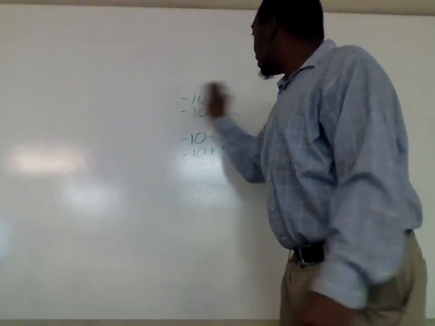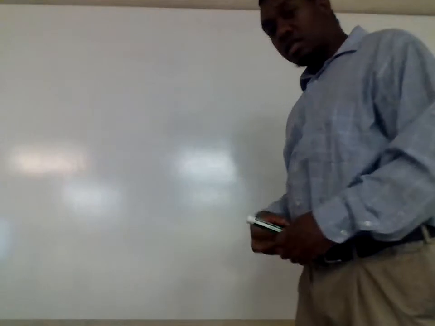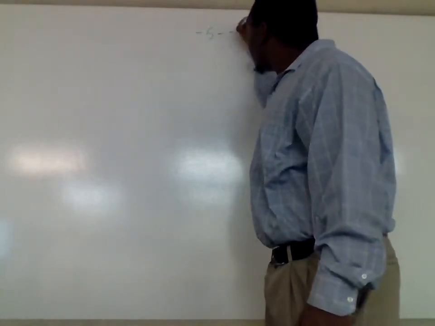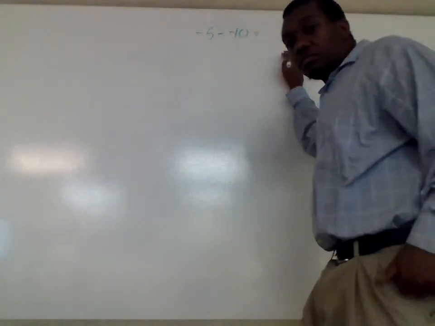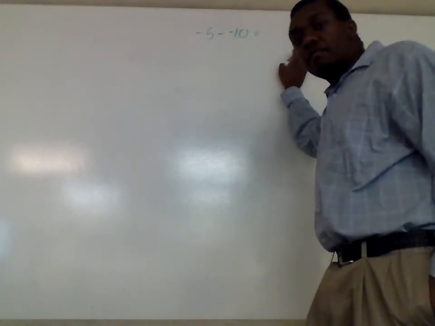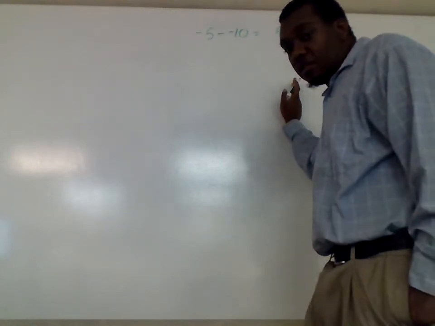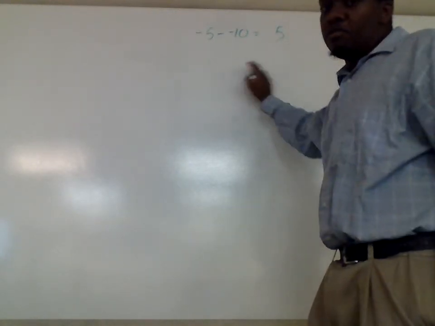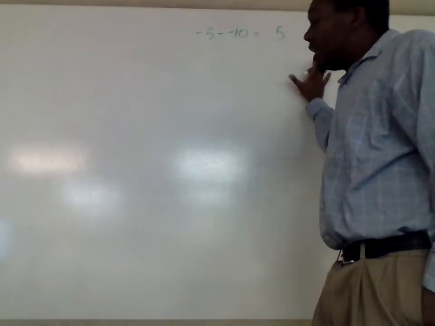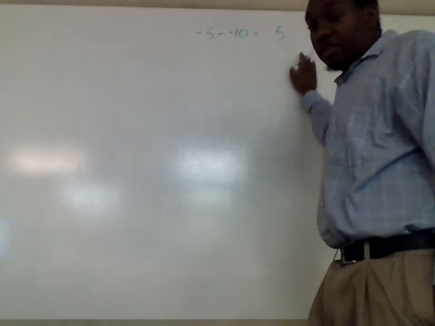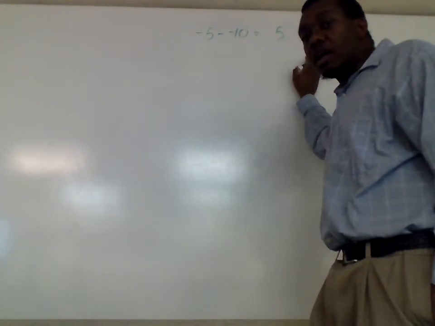So let's look at this differently. Instead of negative 10 minus negative 5, let's look at it as negative 5 minus negative 10. All right, how far apart are negative 5 and negative 10? They're still 5 apart, right? Still 5 apart. But this time we're moving to looking at it in a positive direction. And since we're looking at it in a positive direction, this answer is going to be positive. That's if you're using the number line.